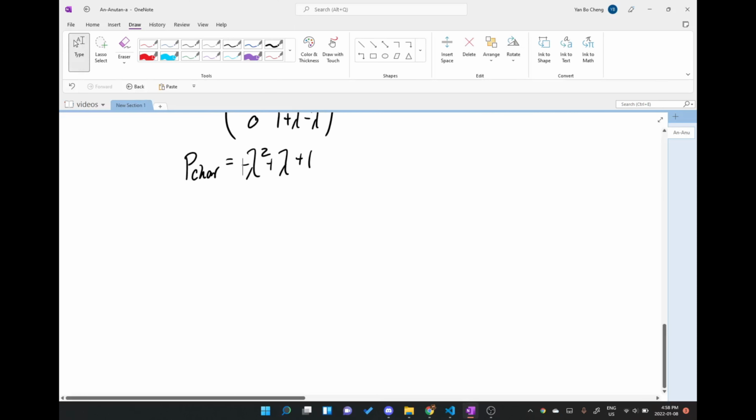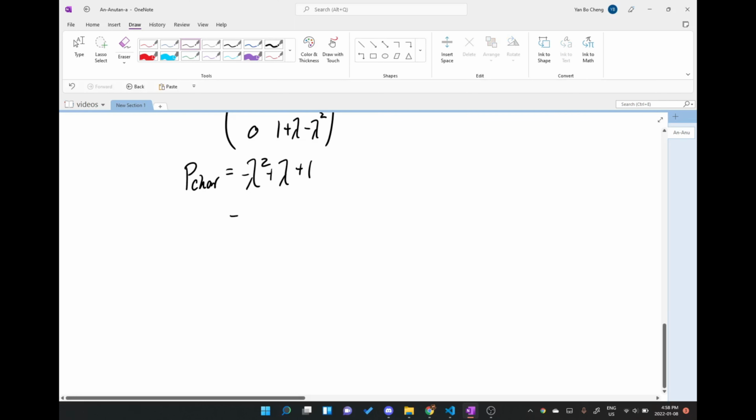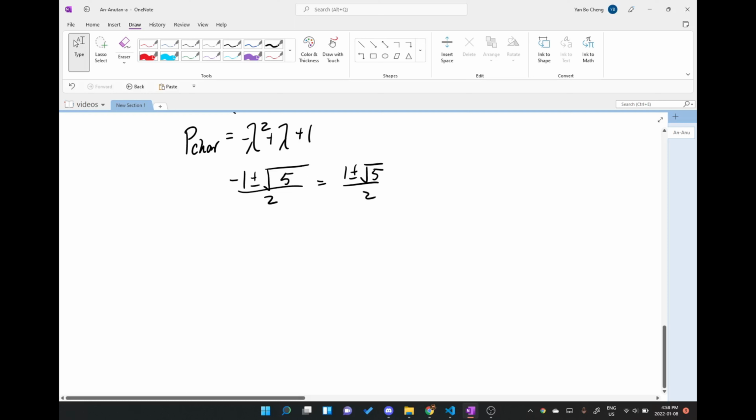Okay, so now that we have the characteristic polynomial, we can just find the eigenvalues. The eigenvalue will be negative 1 plus or minus the square root of b squared minus 4ac, which is the square root of 5, over 2, and if we take out a negative 1, it's 1 plus or minus the square root of 5, over 2.